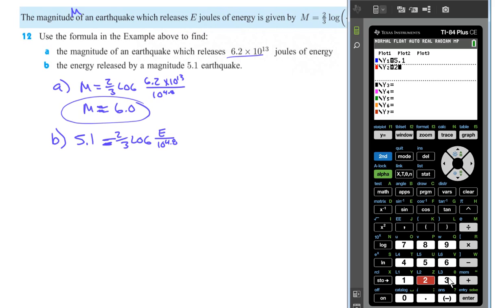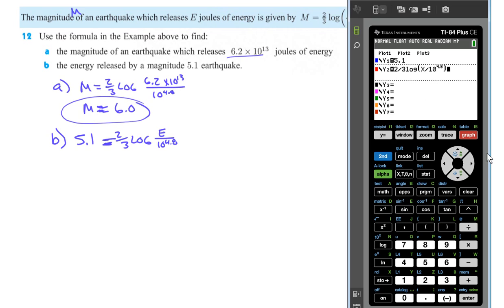That's okay. 2 divided by 3 log, and then the parentheses, and that's going to be E, which is our variable, so we'll just put X divided by 10 to the 4.8 power. Delete that, move this over so our parenthesis looks better. There we go. And now it should do 10 to the 4.8 before it does the division. So this should be okay.